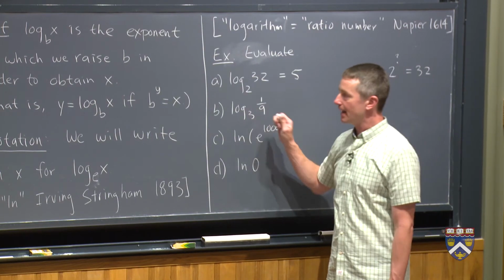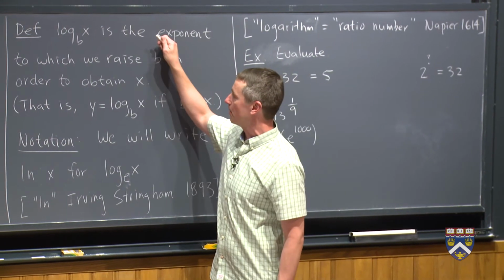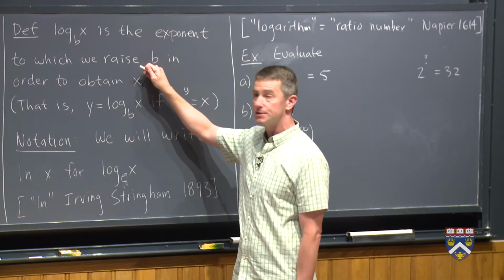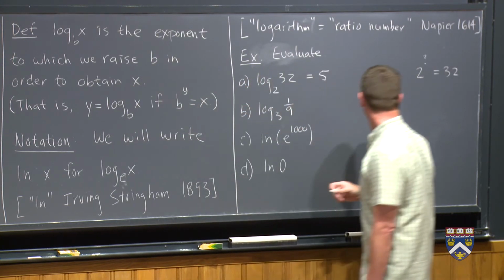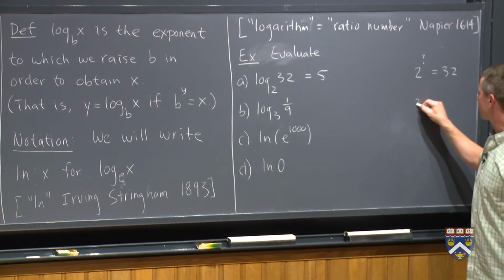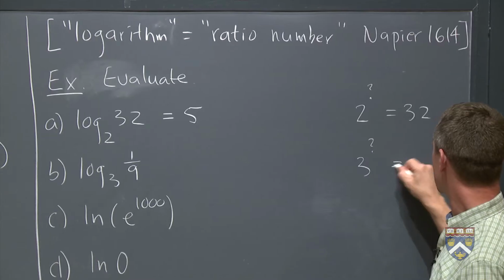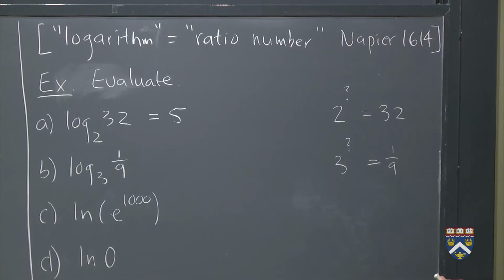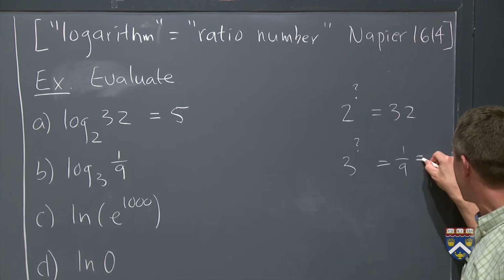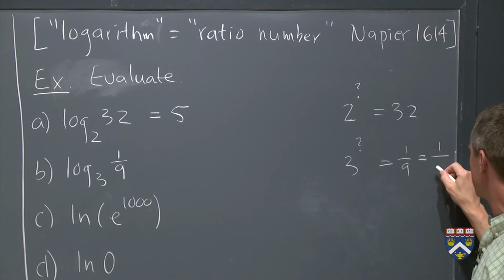Log base 3 of 1/9, that's saying find the exponent to which I raise 3 in order to get 1/9. So here we're saying 3 to the what will give me 1/9. Now we might remember something from last week, that we have a way of writing fractions with exponents.